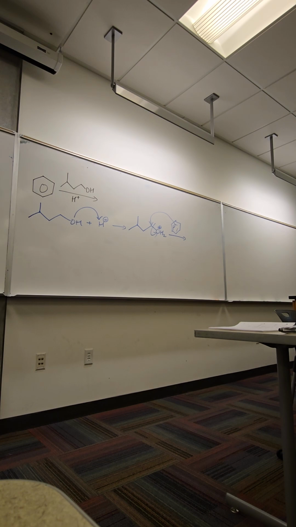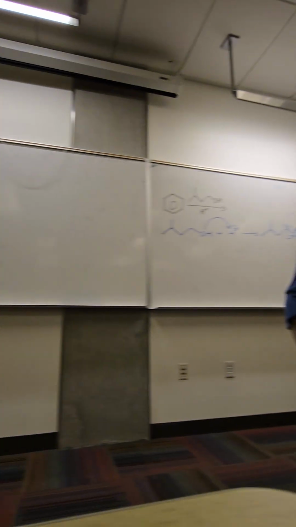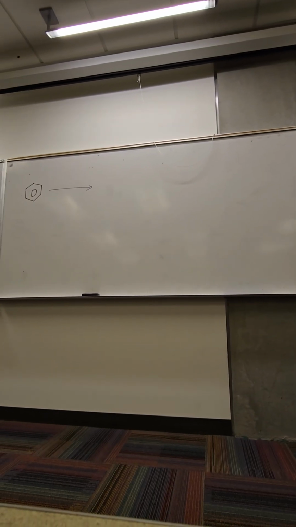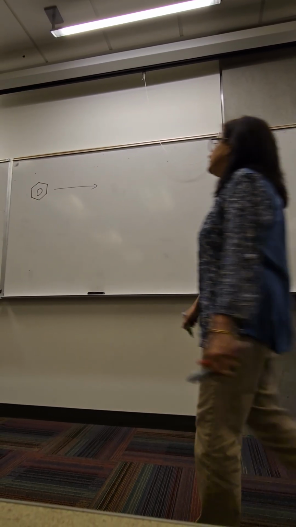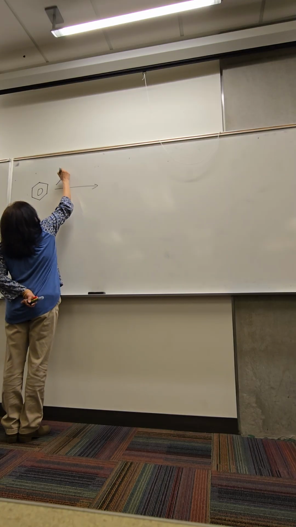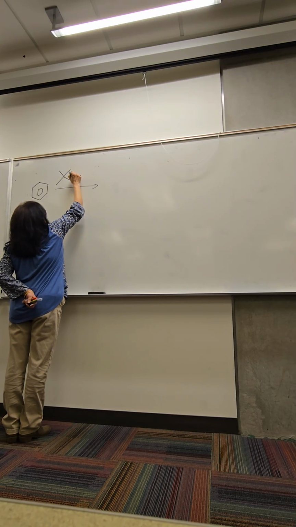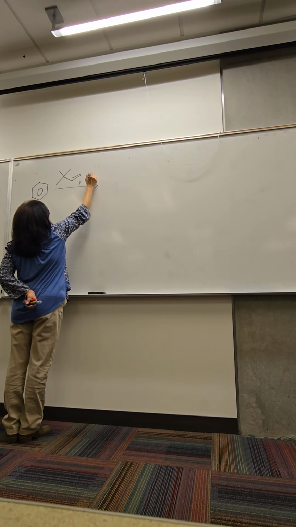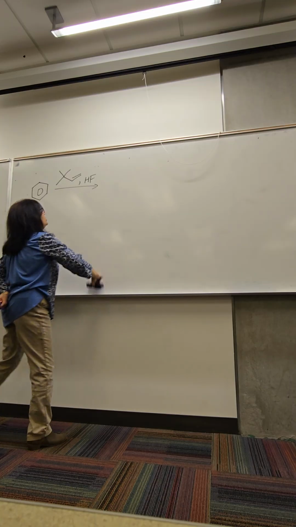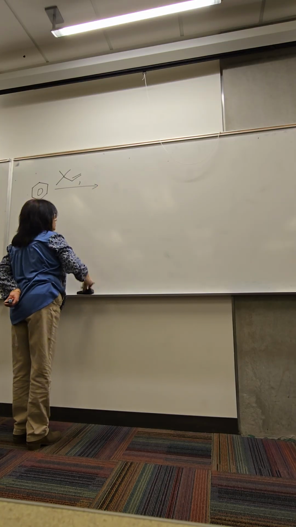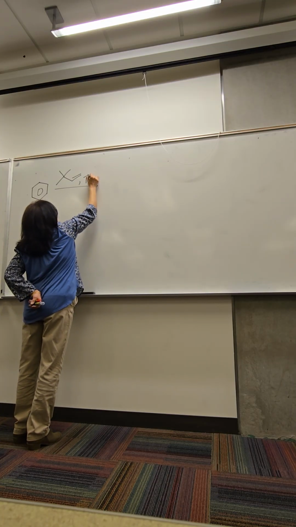Okay, so here's another, instead of an alkyl halide or an alcohol, what if we had this? Oh, you know what? Let's use something else, which you might see as well.